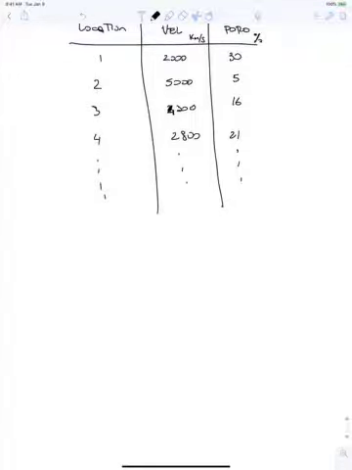If I have 5%, this might be close to 5,000. If I have 16%, it might be 3,300. 21%, well, let's say 4,300. If I have 21%, it's going to be 2,800, and so on and so forth. So I collect a bunch of data.